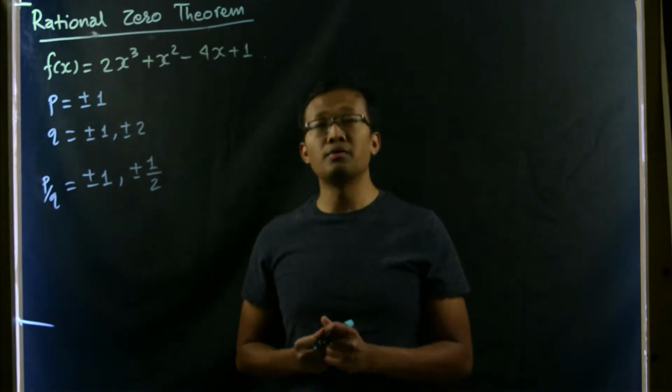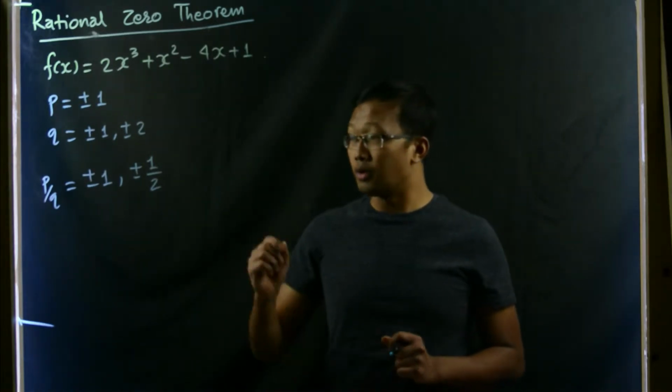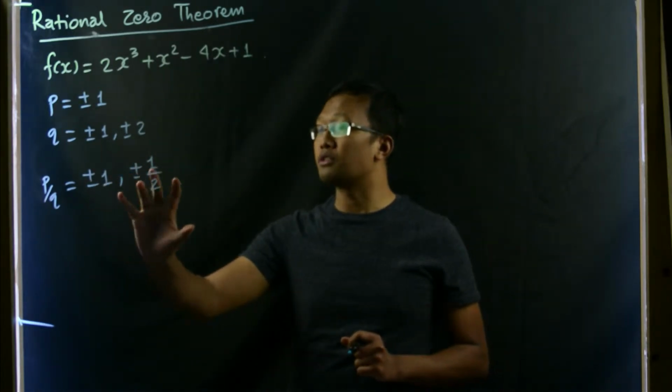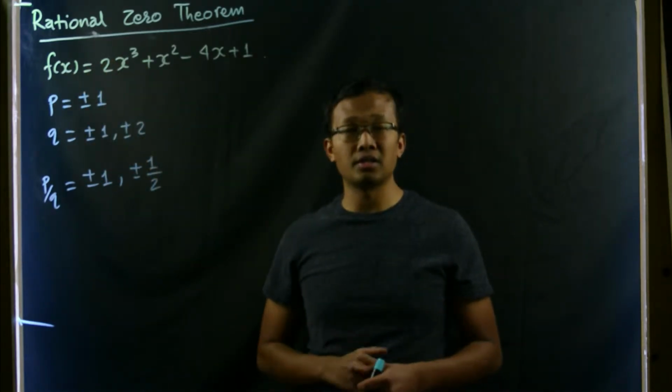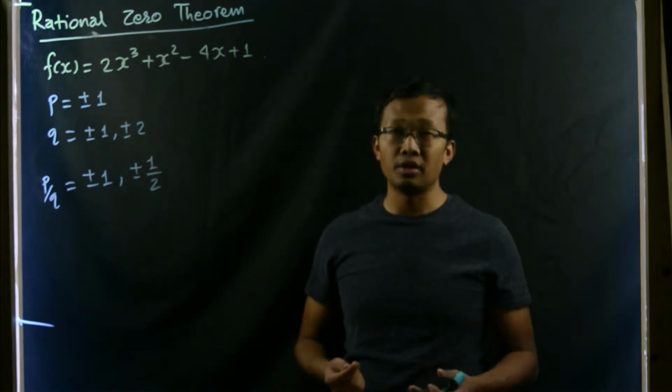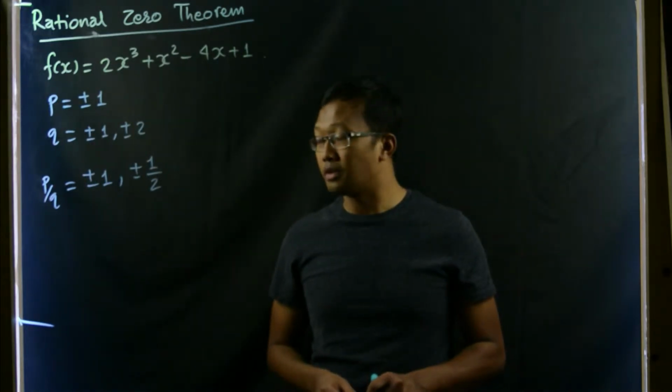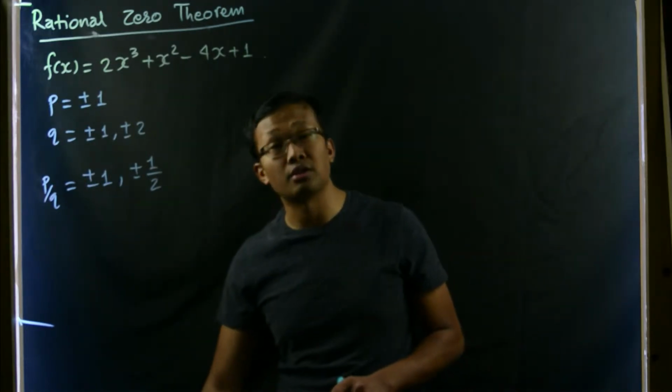For this we would use the factor theorem. We will simply plug in all of these four values in this polynomial and try to see whether the remainder is 0 or not. If the remainder is 0, it's a zero of the polynomial. If not, it's not a zero of the polynomial.